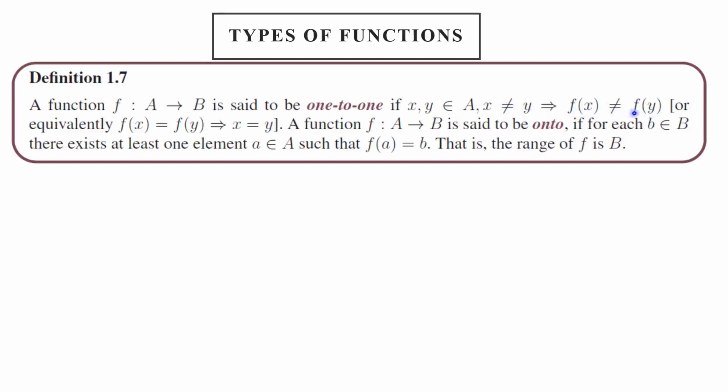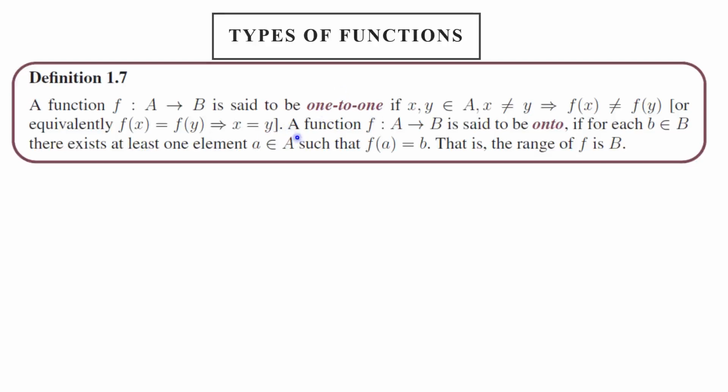If this condition is satisfied, then we can say the given function is 1 to 1. Or equivalently, f of x equal to f of y which implies x equal to y. So if these two are equal, then x equal to y must be equal. Then the function is said to be 1 to 1.